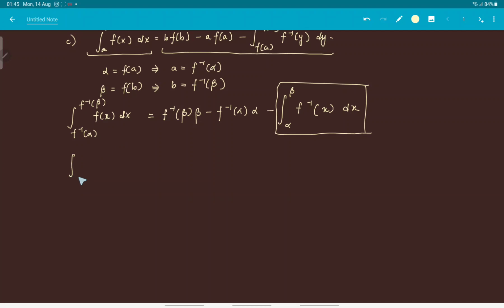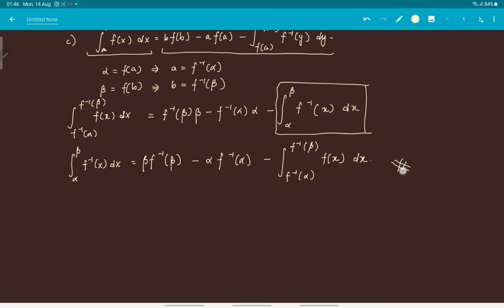You will get the integral from alpha to beta of f inverse of x dx equals the inverse of f(beta) times beta minus alpha times the inverse of f(alpha), minus the integral from the inverse of f(alpha) to the inverse of f(beta) of f(x) dx. So we have shown this statement.